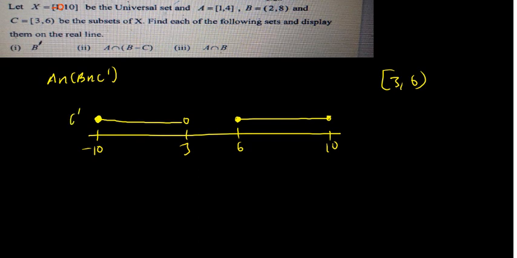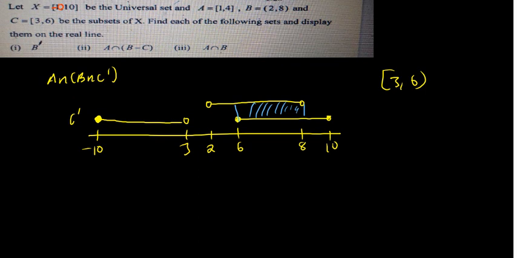And then I'll look at B. B is starting from 2 up to 8, and we're not including any of them. Okay, now our interest is to find out where B is intersecting with C complement. So you can see it's just between these two, 6 and 8.